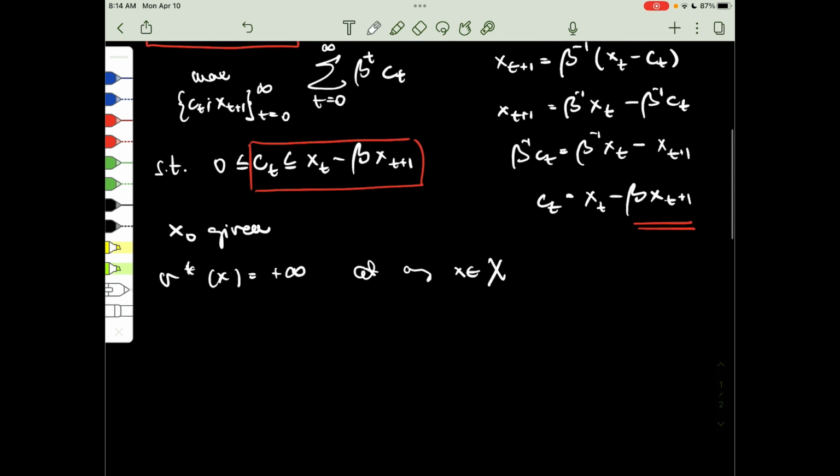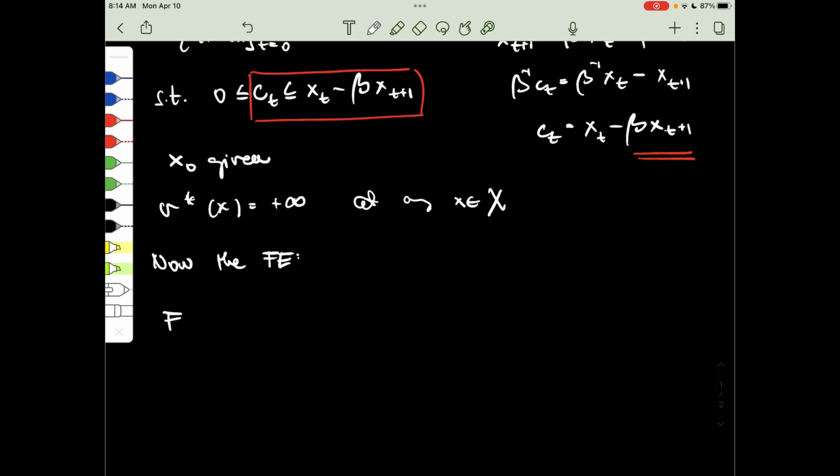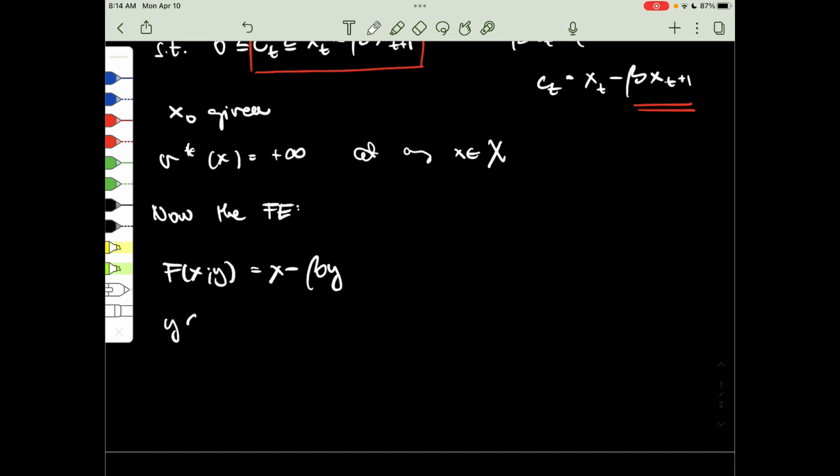Now let's have the functional equation. This is the one period return function. This is the one period return function. And this is the correspondence, the feasible set, the feasibility set. So next period wealth can be very low.